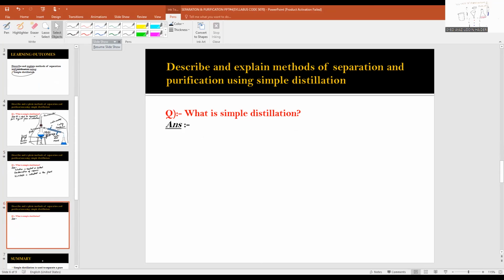Now what you have to do is simply remember this order. These are the order of the processes happening during simple distillation. First one, we have heating.